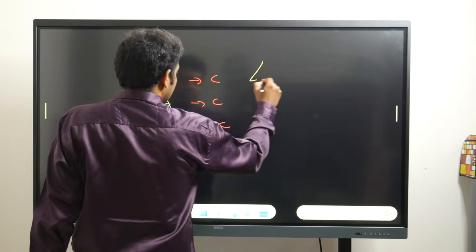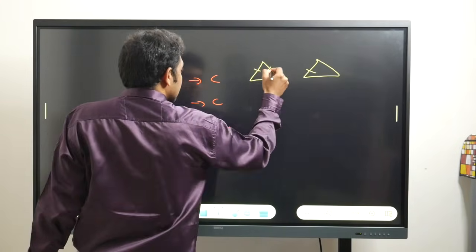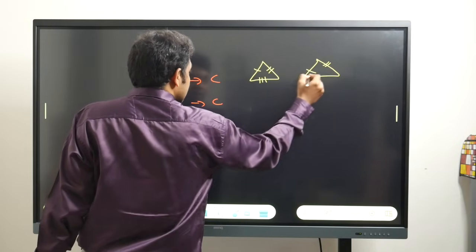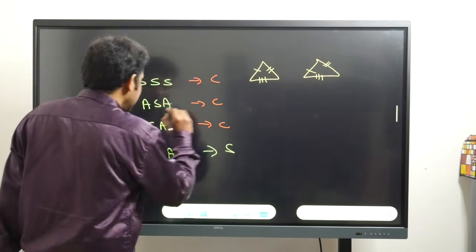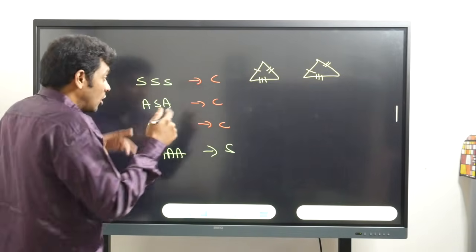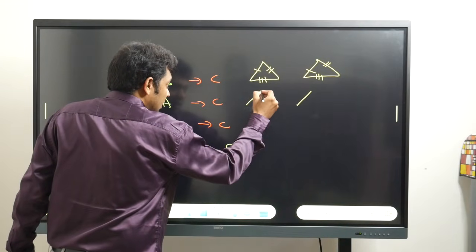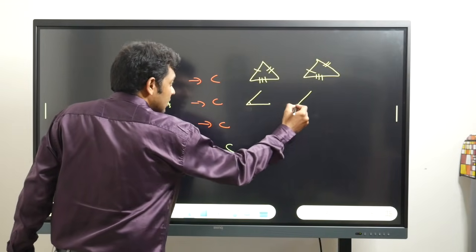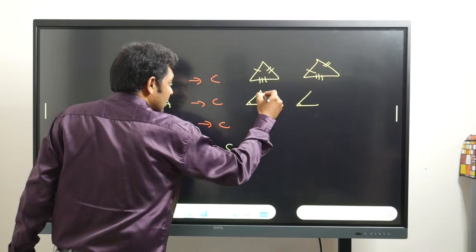All three sides: this is equal to this, this is equal to this, this is equal to this. Triple S, congruency. And ASA means angle side angle. So two angles and the common side. So this side is equal, and this angle, and say this angle.